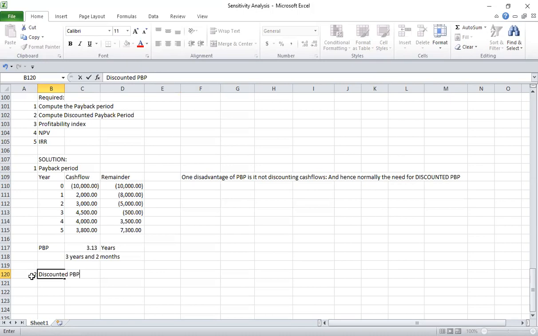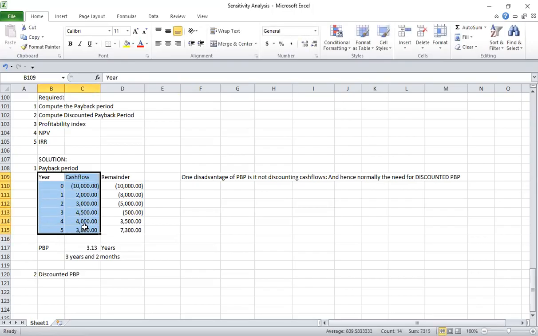The discounted PBP should not be an issue per se, because importantly, what you do is to discount the cash flows and then compute the payback period in the same manner as we have done the first one, but now using the cash flows discounted.